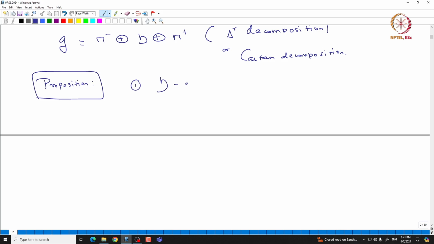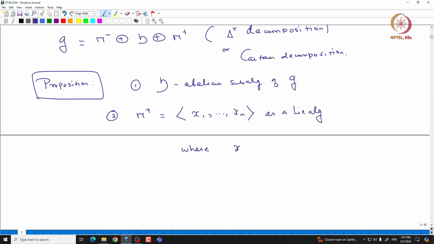Note that H is an abelian subalgebra of G, and the second statement: n plus as a Lie algebra is generated by the elements x_1 through x_n, where these x_i's are given to be the Chevalley generators of this Lie algebra n plus, for i from 1 to n.